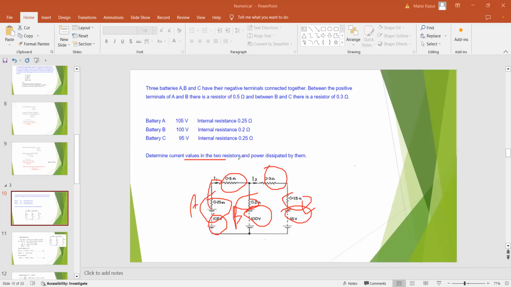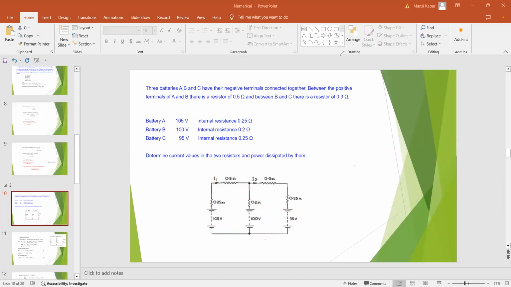Determine the current value in the resistors. So you have to find I1 and I2 and the power dissipated by them.